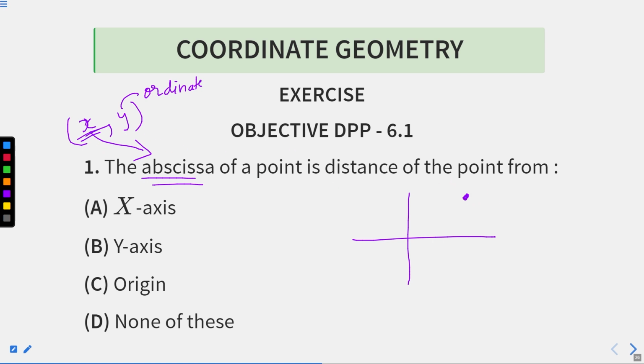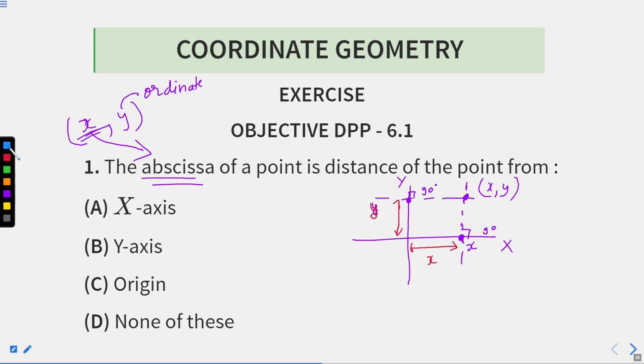Say x comma y. So first we draw the lines perpendicular to the x-axis and y-axis, also making 90 degrees. We know this point is x, and we know this point is y, and this distance is x, and this distance is y.